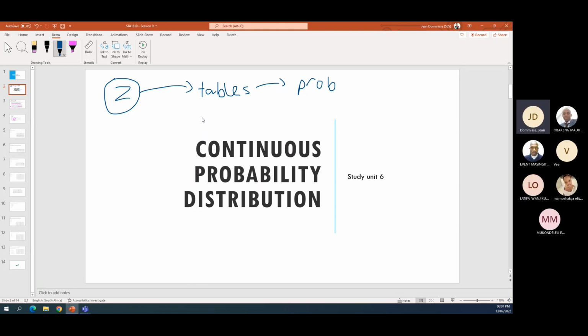When we get to study units 7, 8 and 9, that is when we use the Z to work with confidence intervals and hypothesis testing, but that's a bit later down the road. So let's first start with how to calculate the Z, how to get it on the table, and how to get the probability from there.